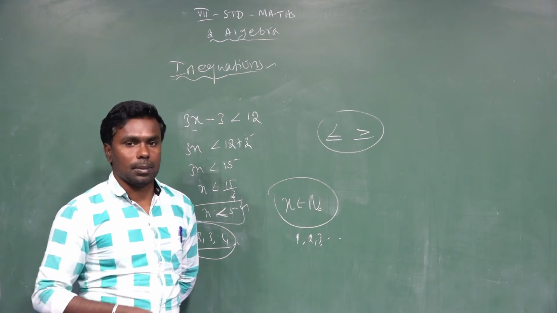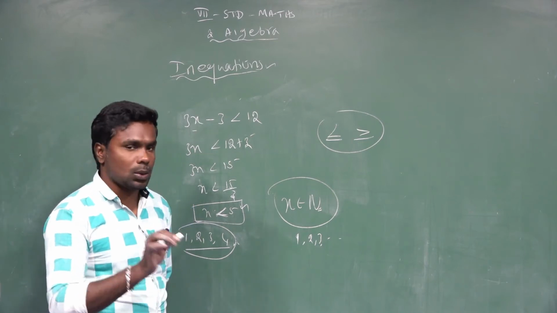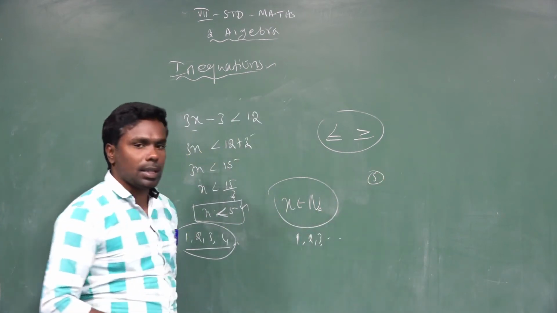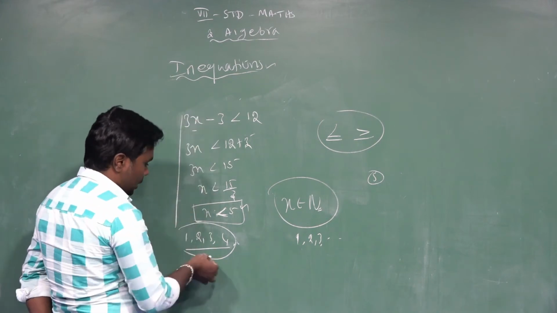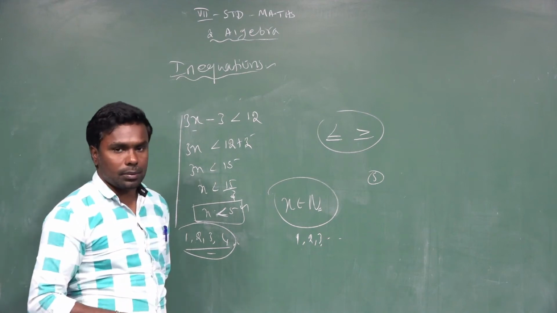But in the previous example, a linear equation has only one solution, that's 5. But in the inequation, x takes many values.